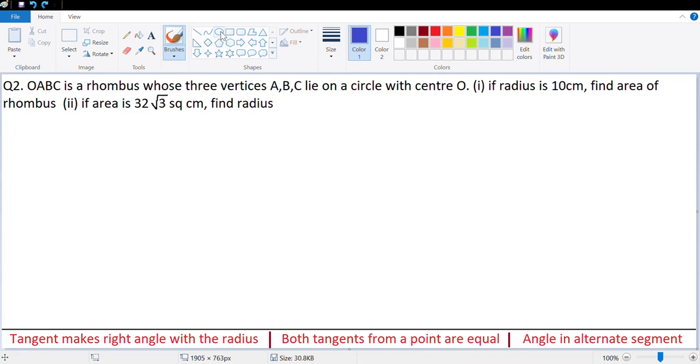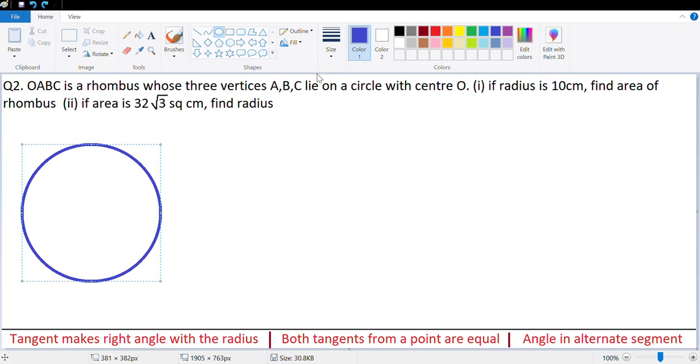It says OABC is a rhombus whose three vertices lie on a circle with center O. Okay, so let me just draw a rough diagram, helps us understand the question. So this is my center O, and then I have OABC. And it is a rhombus, which means all four sides are equal.